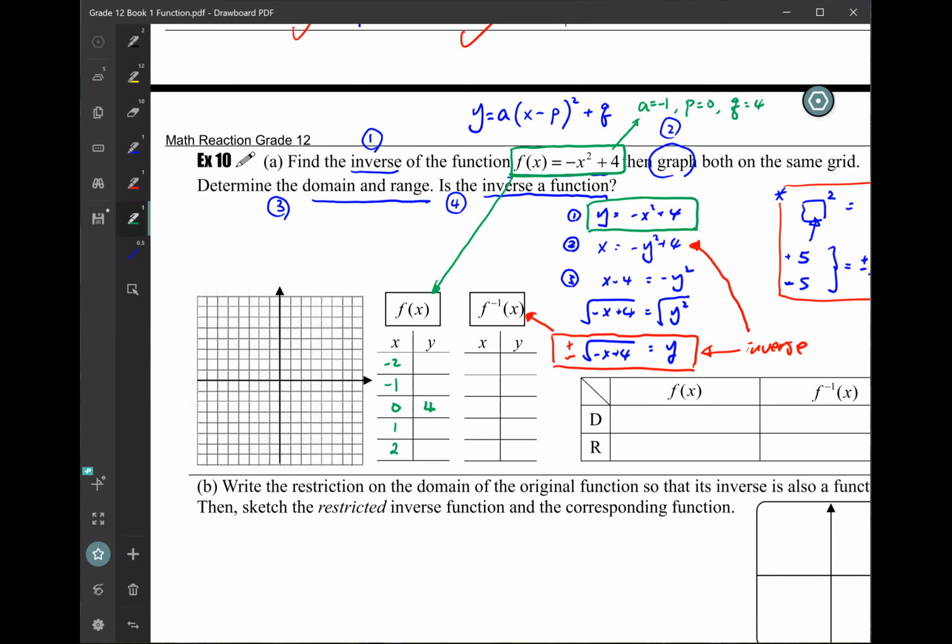Is there anyone who doesn't know how to get a y value? I can help you. Let me know. Raise your hand if you're done.